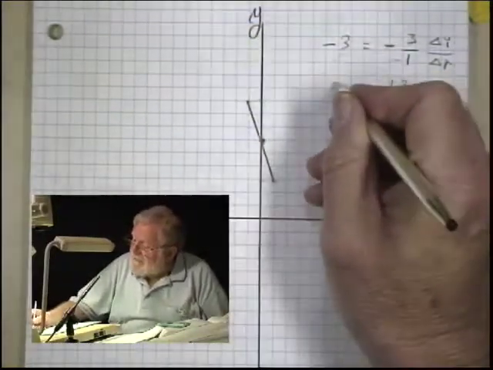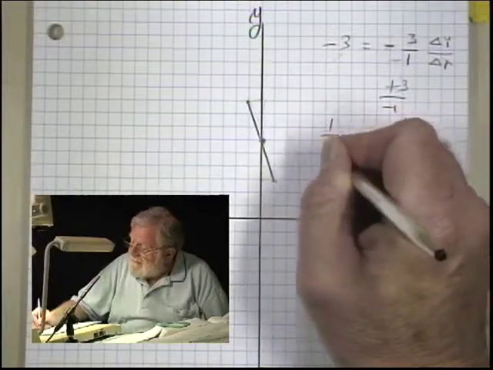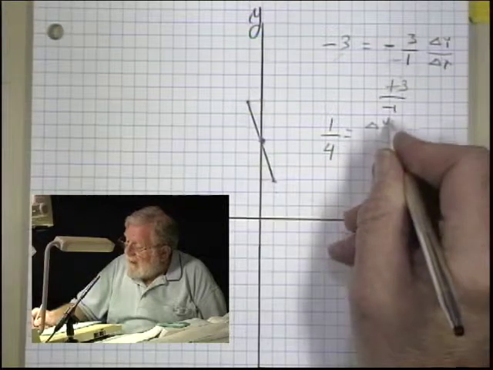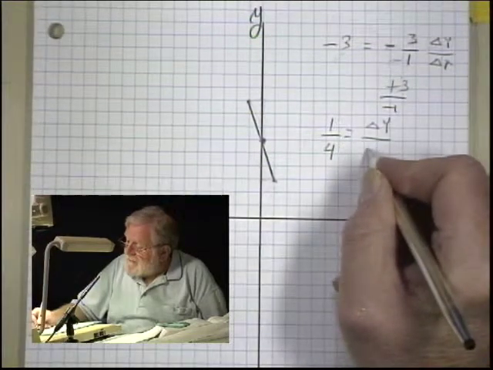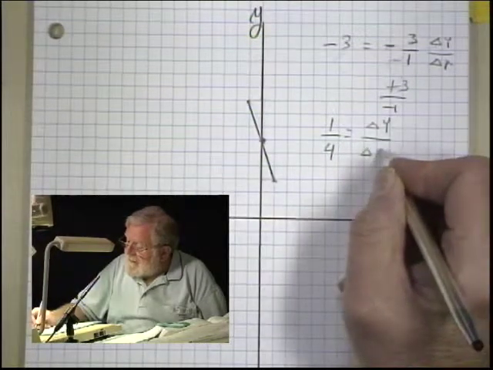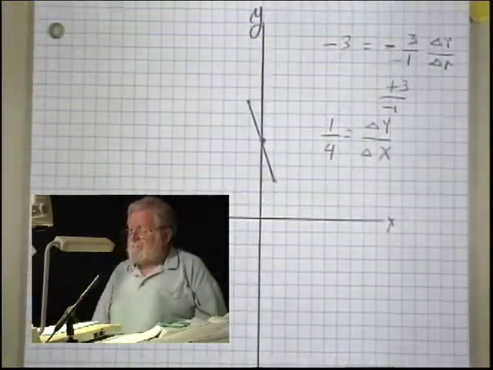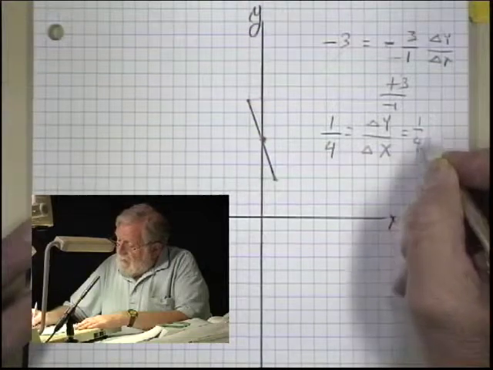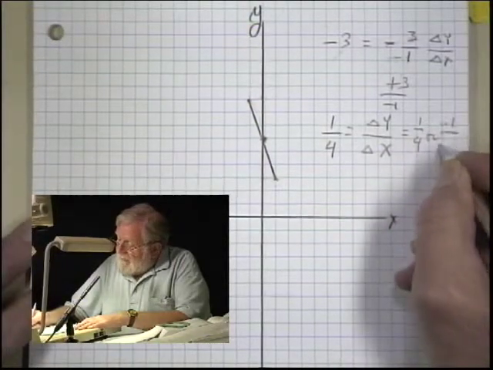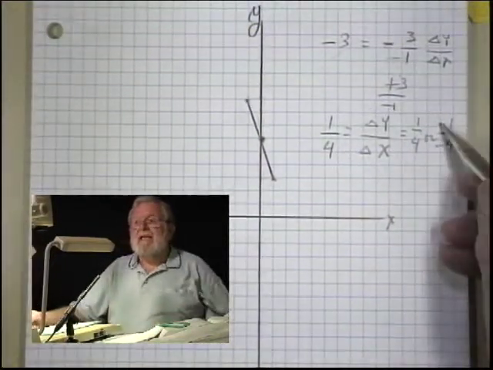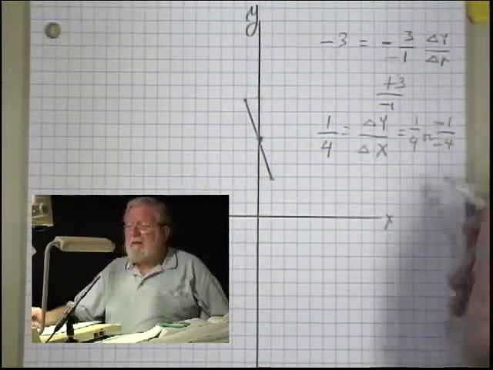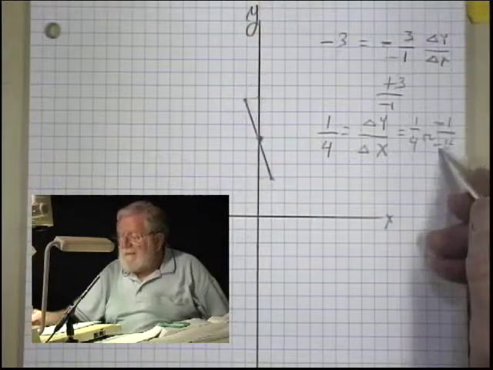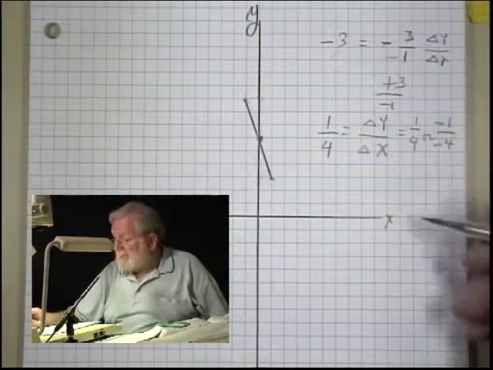Now let's see what a slope of 1 over 4 equals. This is the change in y over the change in x. So this could be either a 1 over 4, or it could be a negative 1 over a negative 4, because a negative 1 over a negative 4 is also a positive 1/4. When we divide negative by negative, we get a positive.